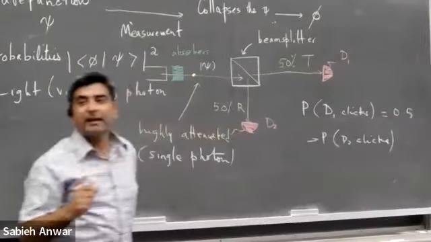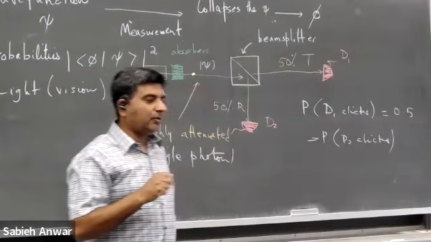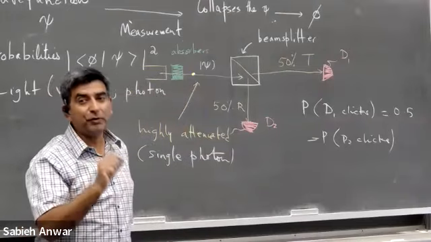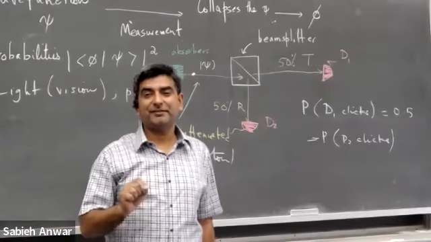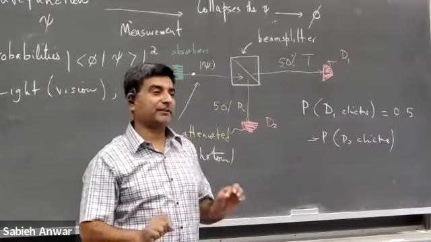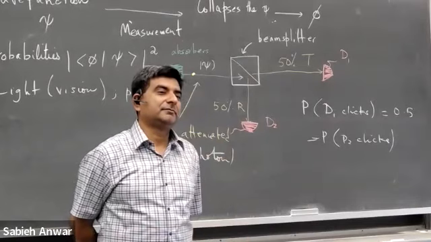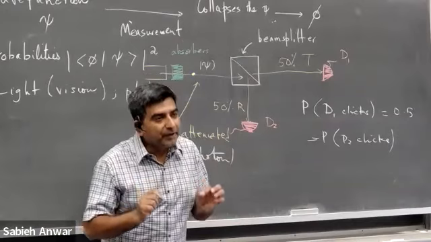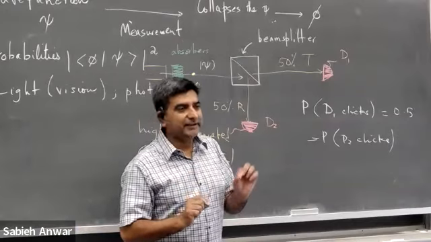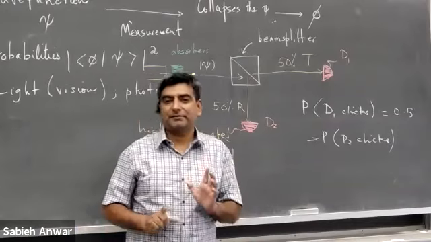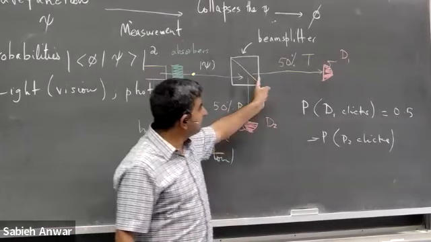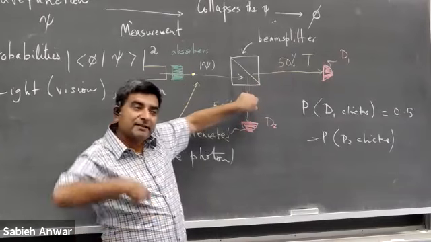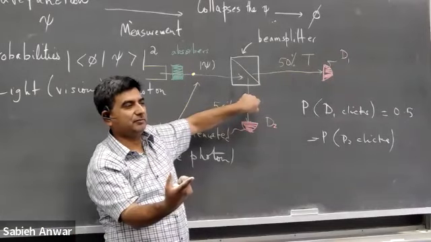So now I am encoding the quantum state in the path that the photon takes. Let me repeat this. I'm encoding the quantum state in the path that the photon takes. So this path represents one quantum state of the photon. This path represents another quantum state of the photon.